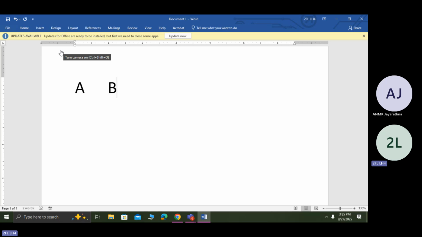Then we need to find the probability of event B, given that event A has already occurred.